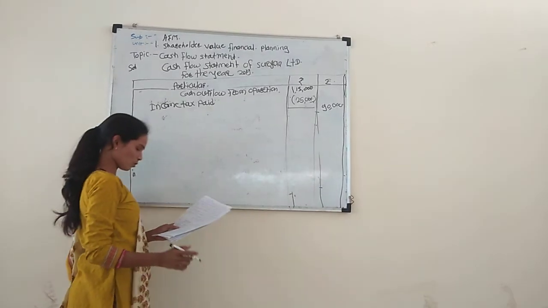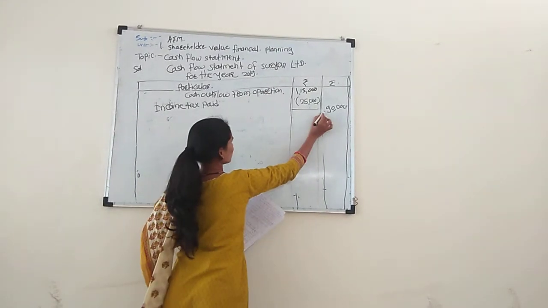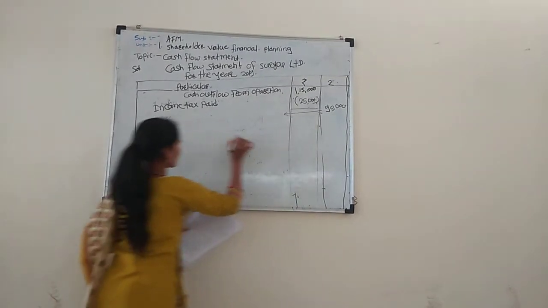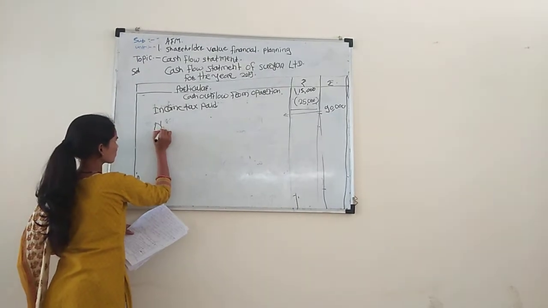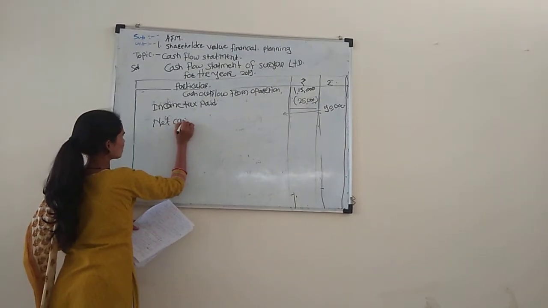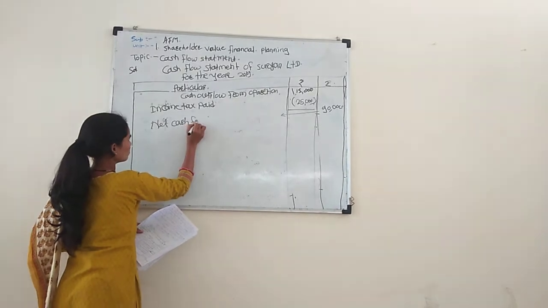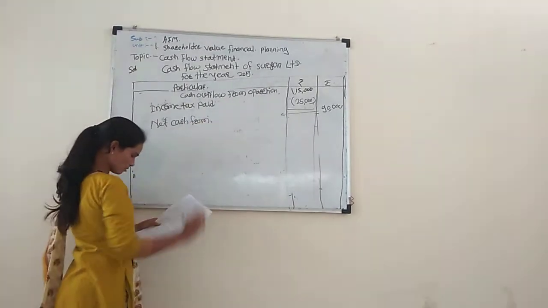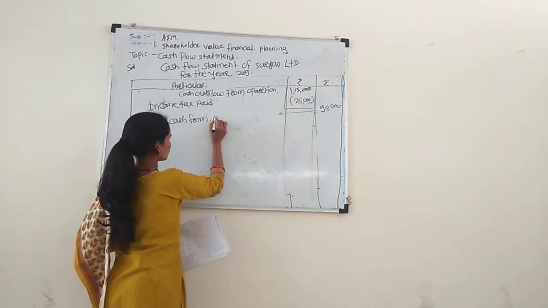This is called net cash from operating activity.